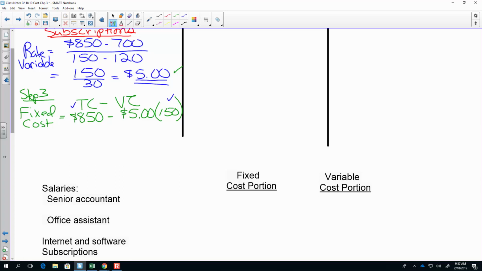I could have used the 700 and the 120 also in this equation, and it should work. So I multiply that out. 850 and 5 times 150 is 750. Excellent. So my fixed cost must be $100.